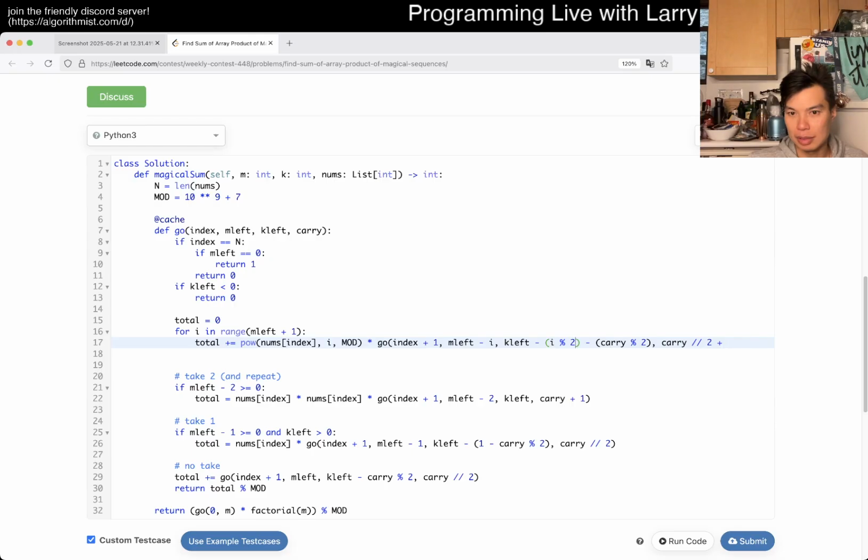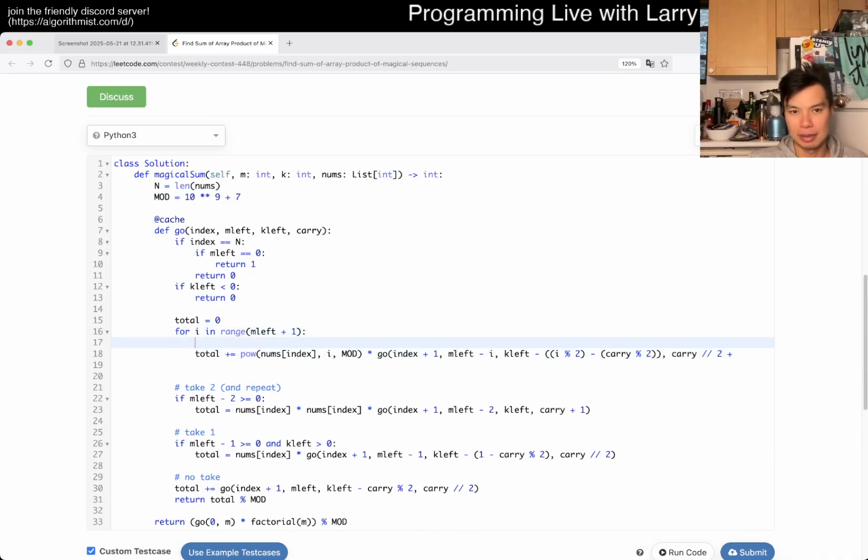So if these are the same, I'm just trying to think actually. I think this is this. I messed up. Okay, so this bit, the bit is going to be 0.